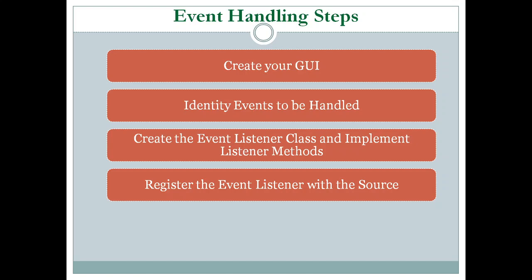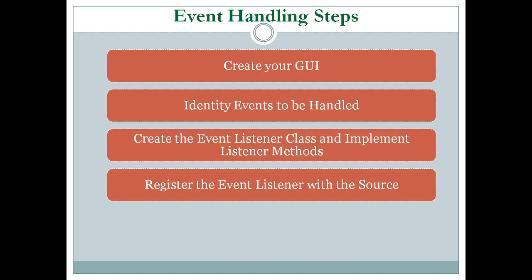So event listener classes handle the events. We have to create an event listener class to handle particular events. An event listener class implements the listener interfaces. It inherits a particular listener interface which we want to handle.